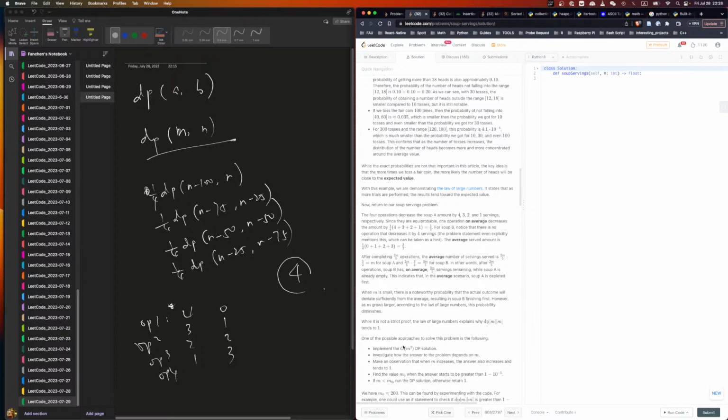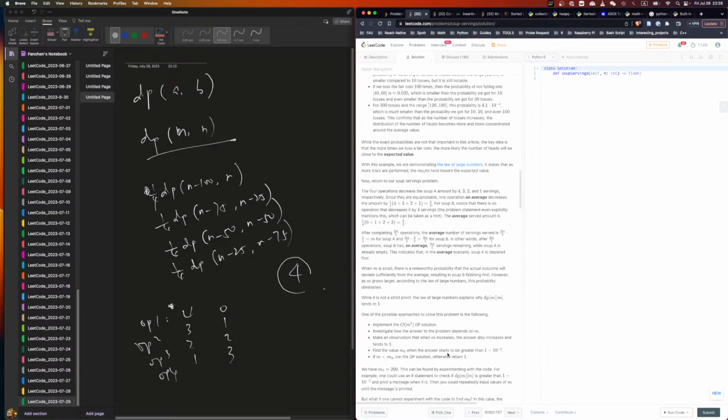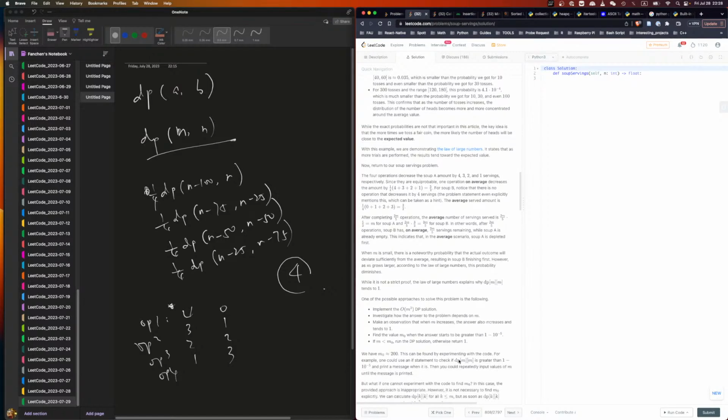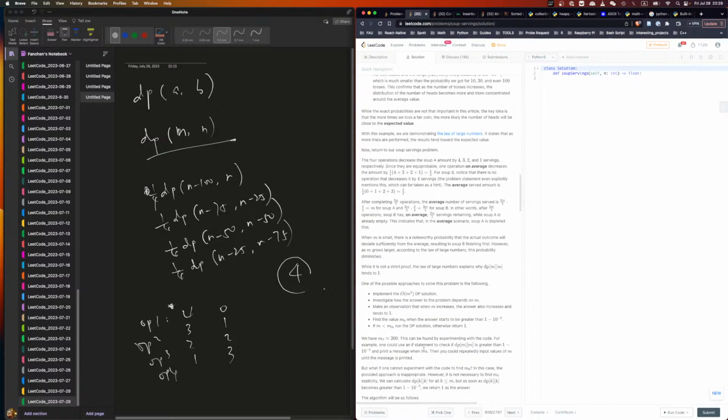Yes. How the answer depends on M, and it starts getting greater. Use an if statement to check if the state is greater than 1.